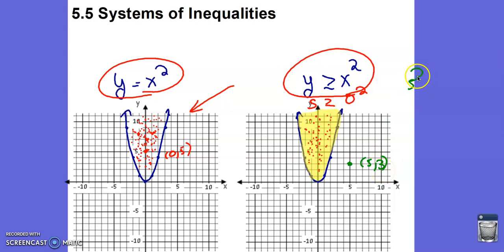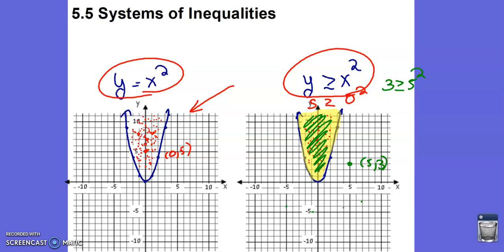So 5 squared is greater than 3, which is false. Or 3 is greater or equal to 25. That's a false statement. So something out here does not work, whereas something inside of that does. So the highlight represents just an infinite amount of points. And you literally just have to color it in or shade it in, representing all of the infinite amount of points that goes inside of there.